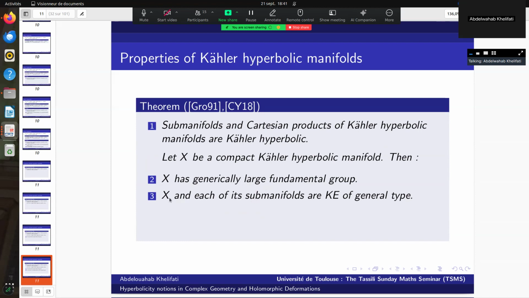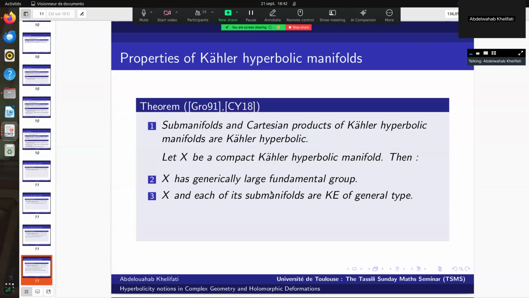Of course, it is enough to show that X is of general type, meaning that K_X, the canonical bundle, is big. It also shows that they are Kähler-Einstein, and this is in a separate article by Chen and Yang. The general type part was proved by Gromov in the article where he defines Kähler hyperbolicity. And the property is still true for submanifolds because, as I mentioned, they are also Kähler hyperbolic.